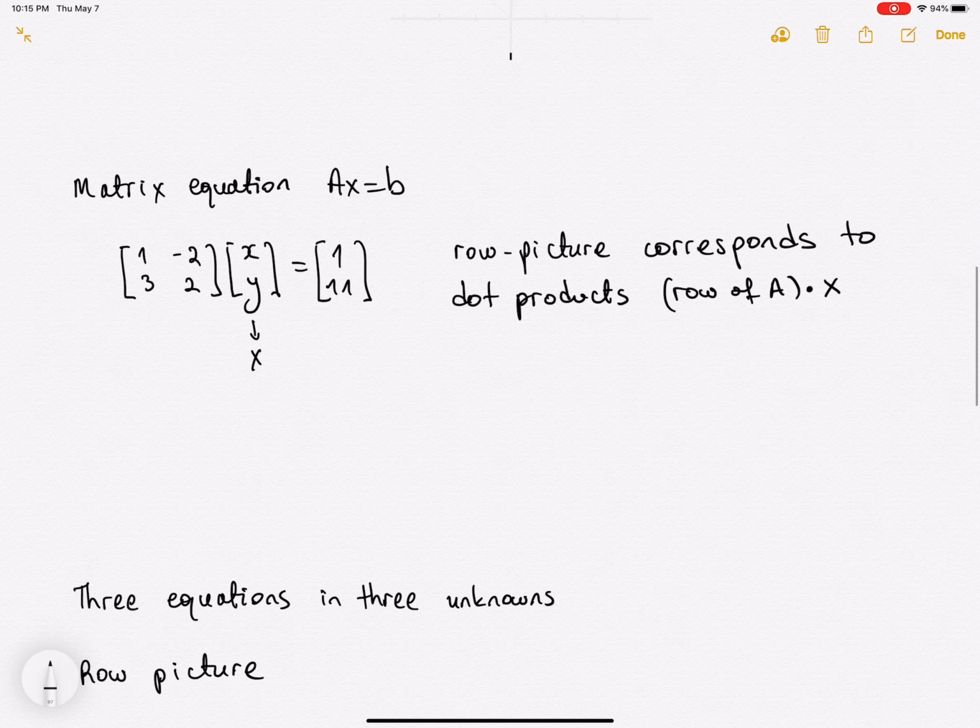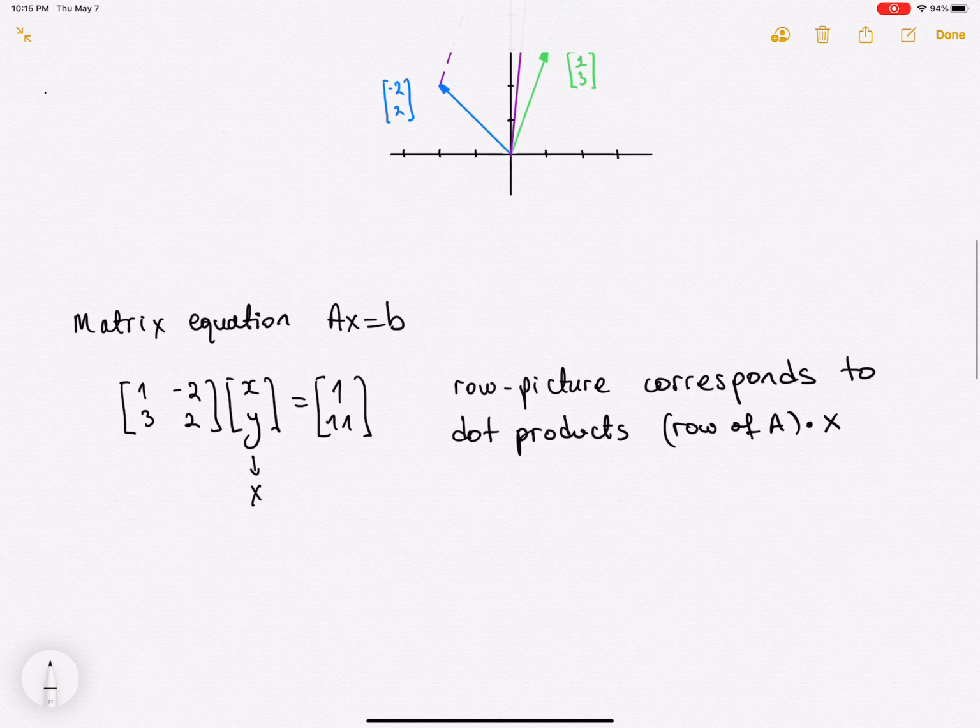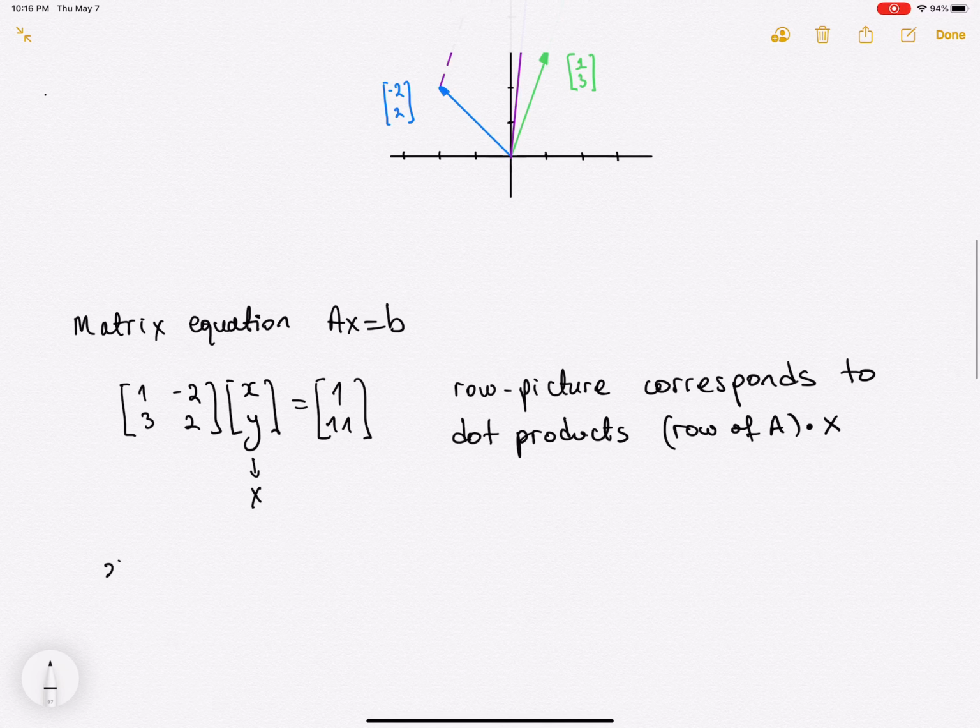If you carry out the multiplication via the columns, looking at the matrix as a linear combination of the columns, as follows: x times (1, 3) plus y times (-2, 2) equals (1, 1). We saw that this is another way of carrying out matrix multiplication by a vector, and in fact our preferred way in this course because it reveals linear combinations.